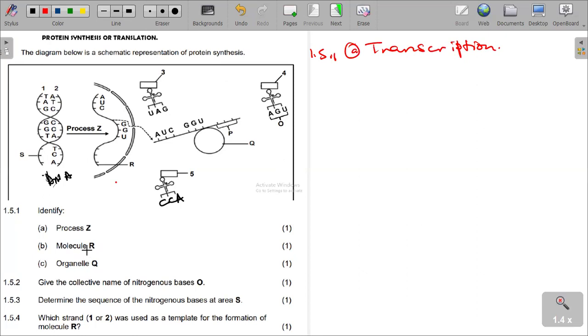Molecule R, what is that? That is mRNA. For 1.5.1b, we are saying molecule R is called mRNA. mRNA is formed whenever DNA unwinds and transcription takes place.